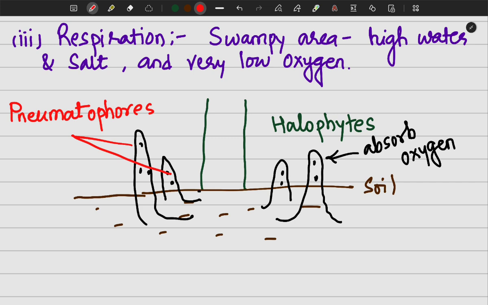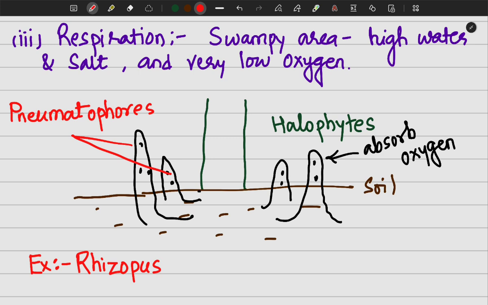An example given in the NCERT is rhizopus. So pneumatophores will be found in rhizopus, which is a halophyte growing in a soil containing high water and salt content but very low oxygen.